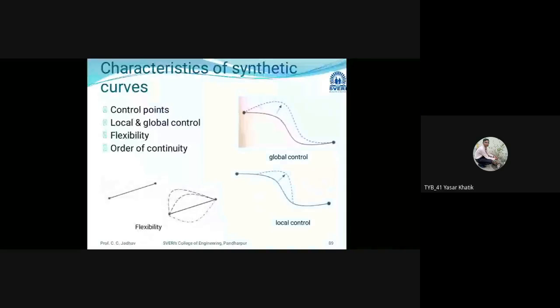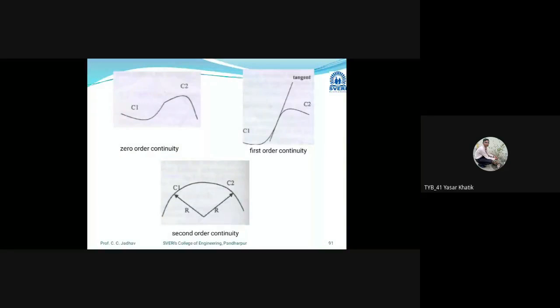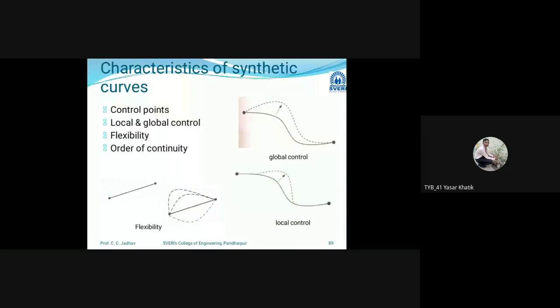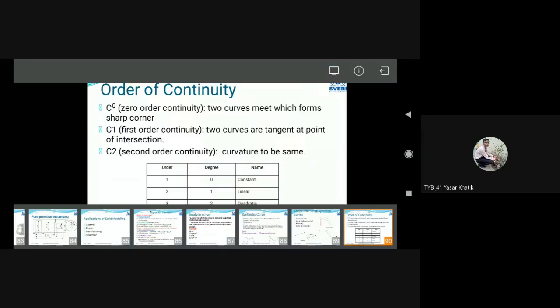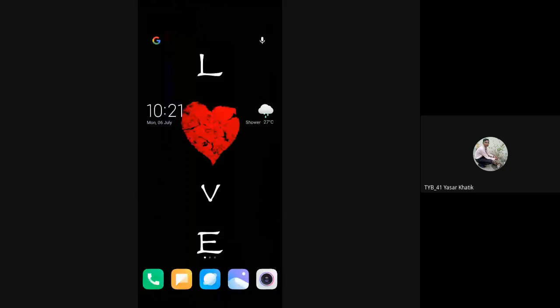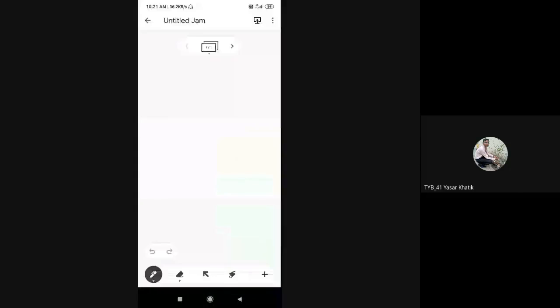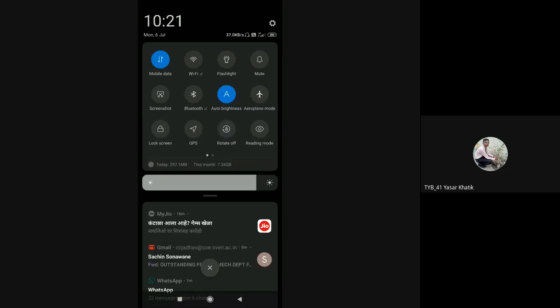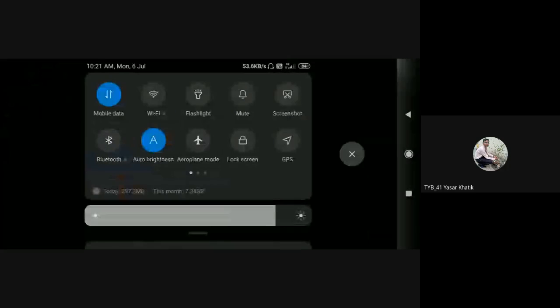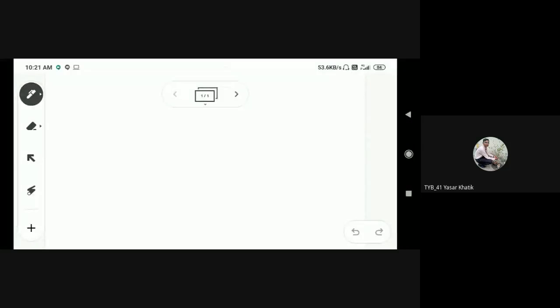Okay. Suppose I take one example. First of all, I take the control points P0, then P1, then P2, then P3, and P4.